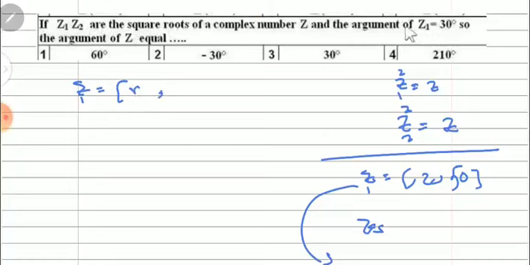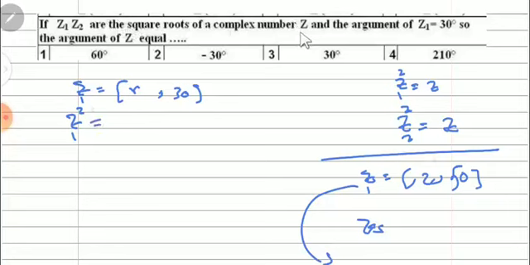We just have the argument, which is 30. Now he wants us to find Z, specifically the argument of Z. So if we want to find Z, I told you we should square Z1. Who is Z1? Don't forget, Z1 is one of the square roots of the complex number Z.